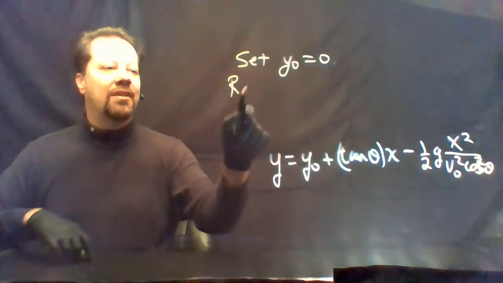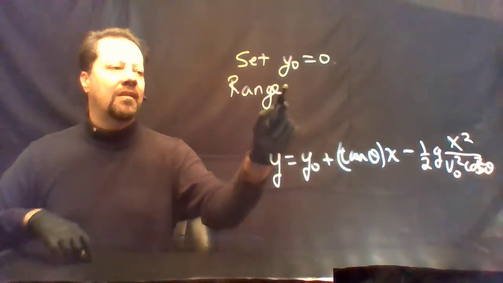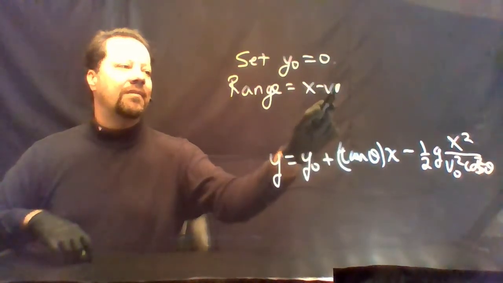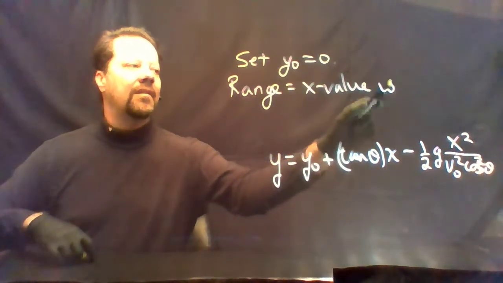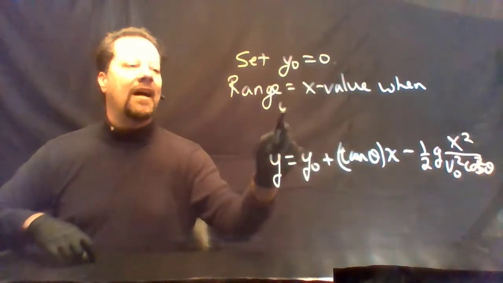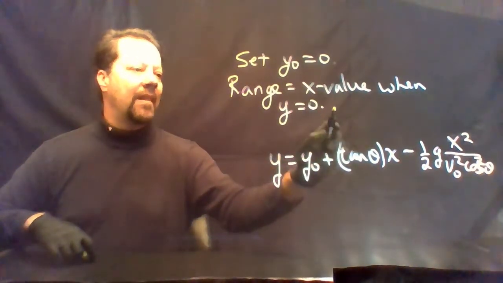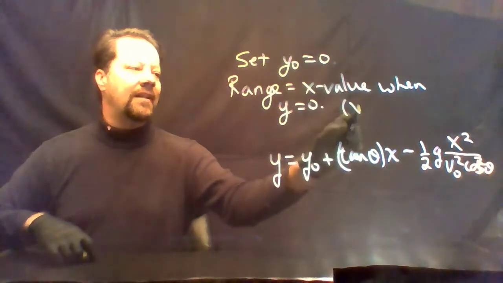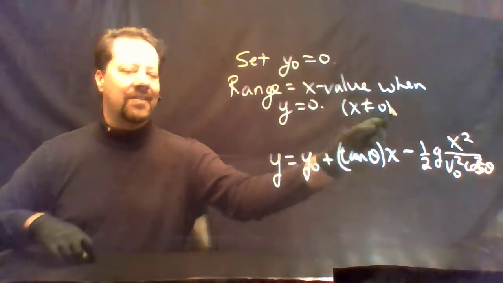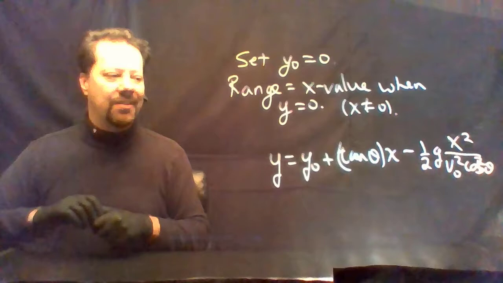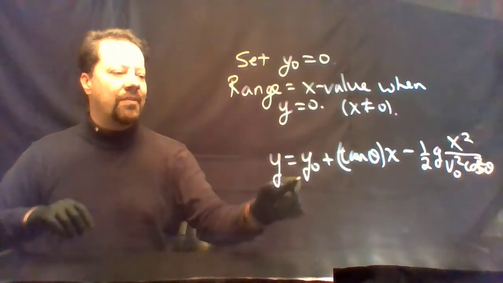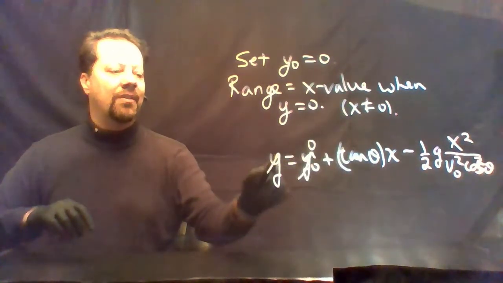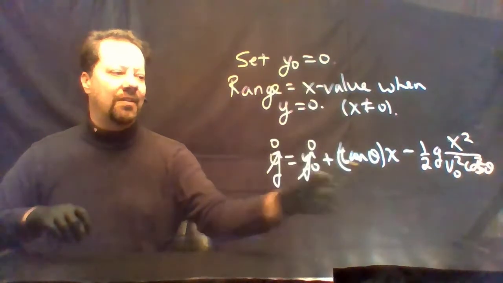The range is the x value when y equals 0. We'll assume that x is not 0, so the range is not 0 in this case. So y naught will be 0 and y is 0.